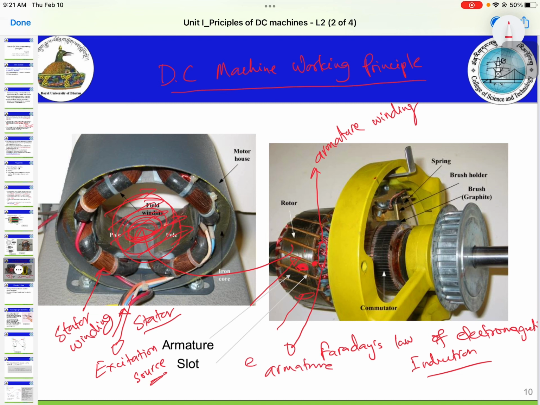In that way, the EMF generated is taken as the output. Now how to collect that induced EMF, I'm going to discuss in the next video.